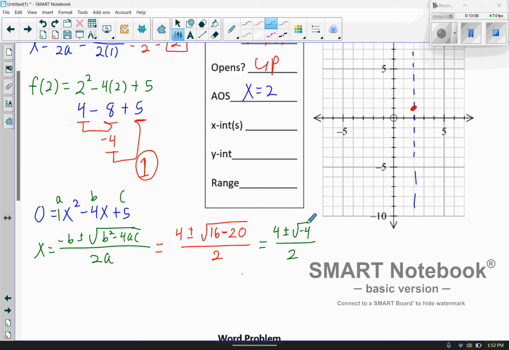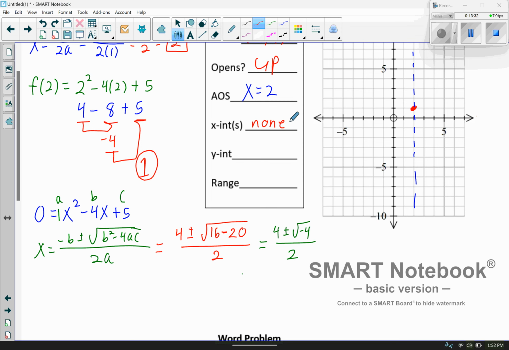Yes, there is a workaround using complex numbers, the imaginary numbers, but in terms of our graph, we don't have a way of graphing that in this particular plane. So we're just going to put none, okay?